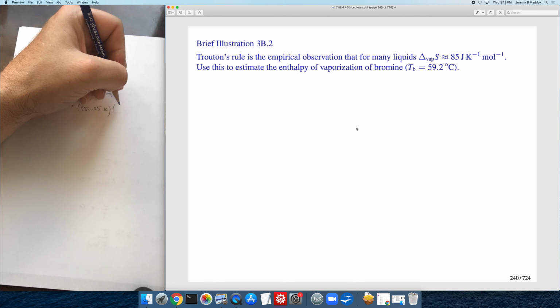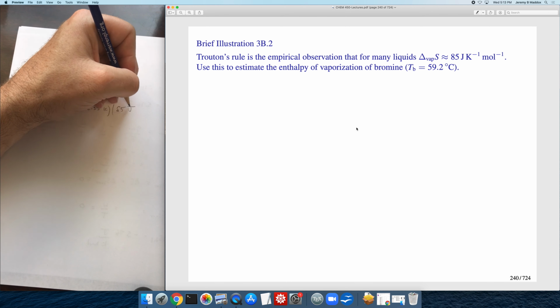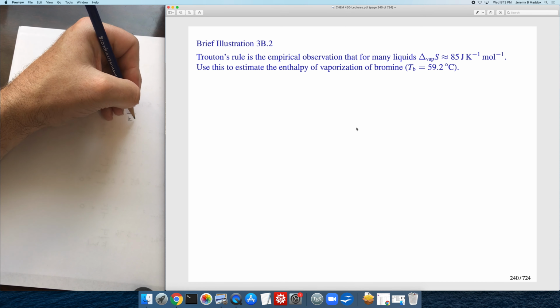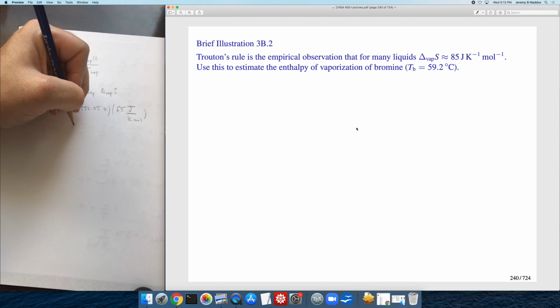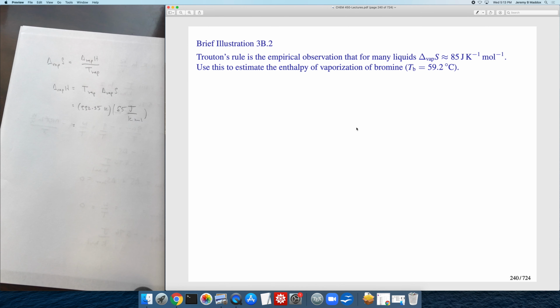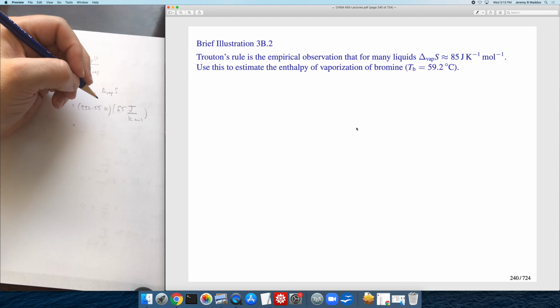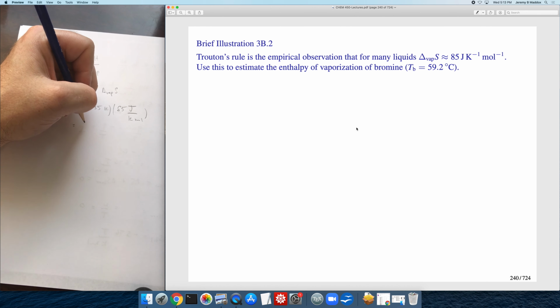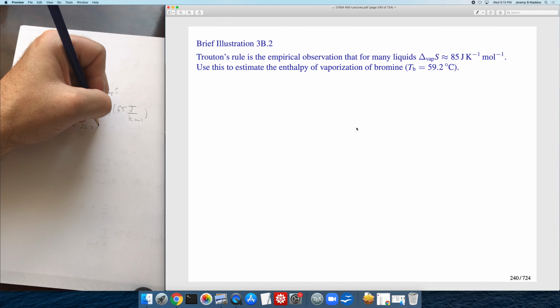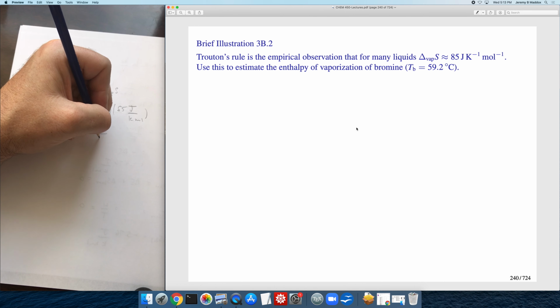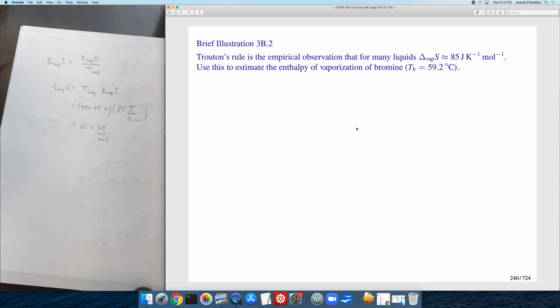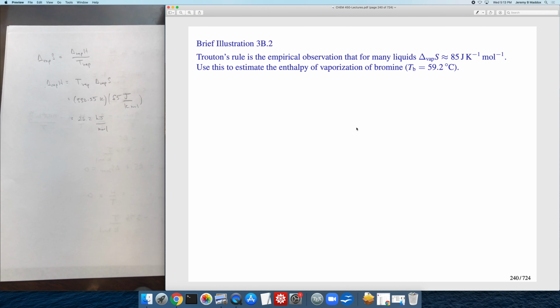And we'll multiply by that 85 joules per Kelvin per mole. And so I'm getting 28.2 kilojoules per mole as our estimate for the enthalpy of vaporization of bromine. And I'll let you look it up to see if it's any good.